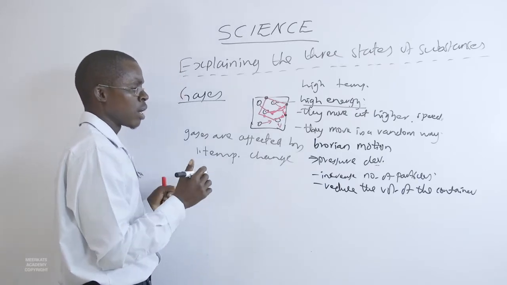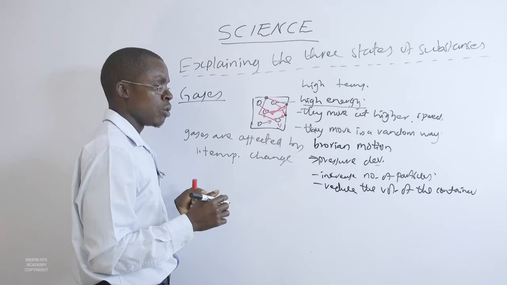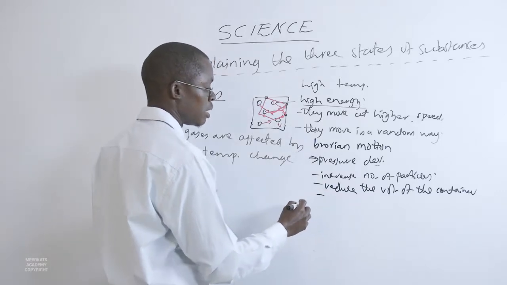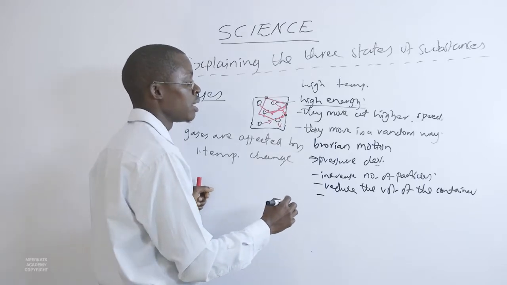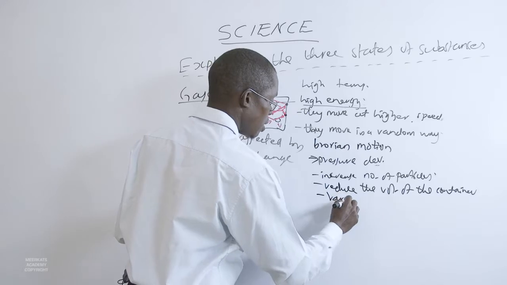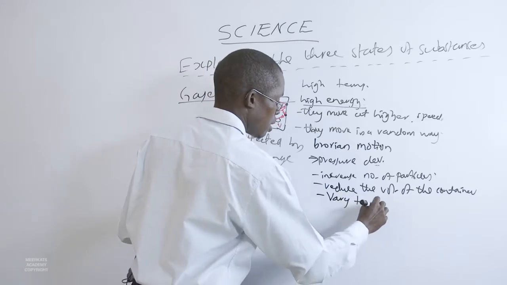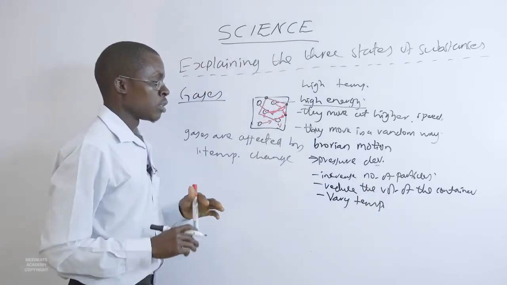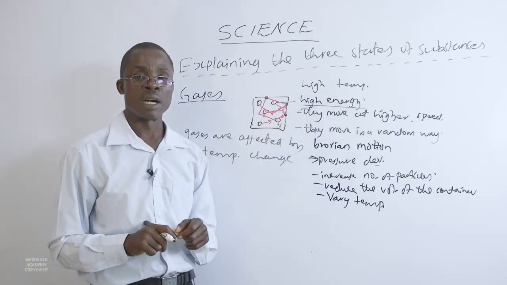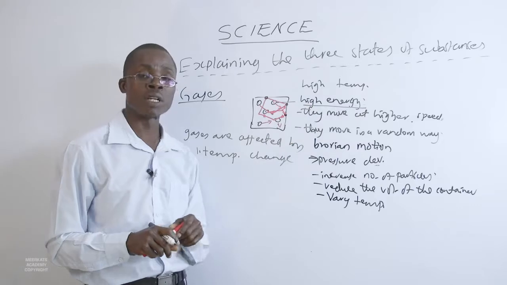The other way you can increase or reduce pressure in a container is by varying temperature. The aspect of varying temperature is what we have already explained.